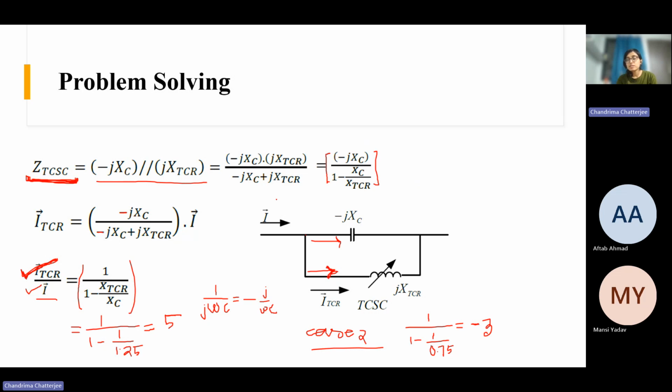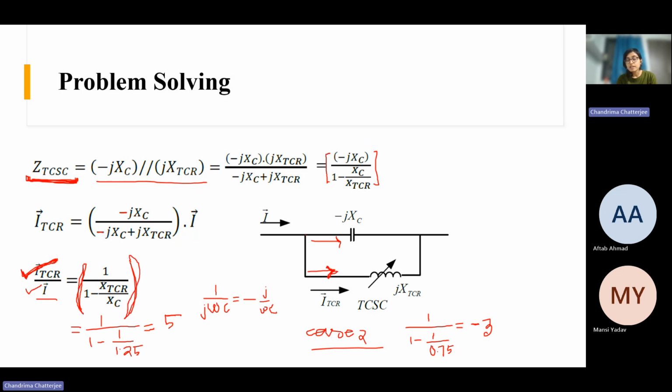And whenever you design a system, you will have to design for the extreme conditions, taking into account the extreme conditions. So whenever you design, it will depend on the current in the inductive mode of operation, because in this case the current is maximum, higher than the capacitive mode of operation.